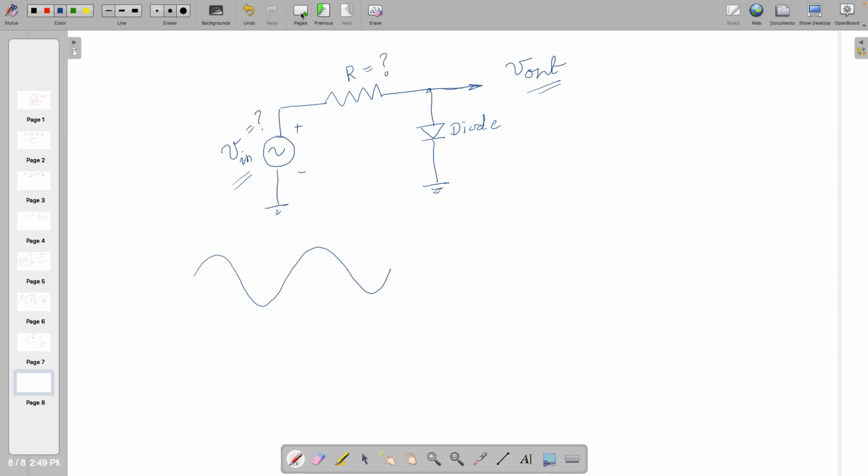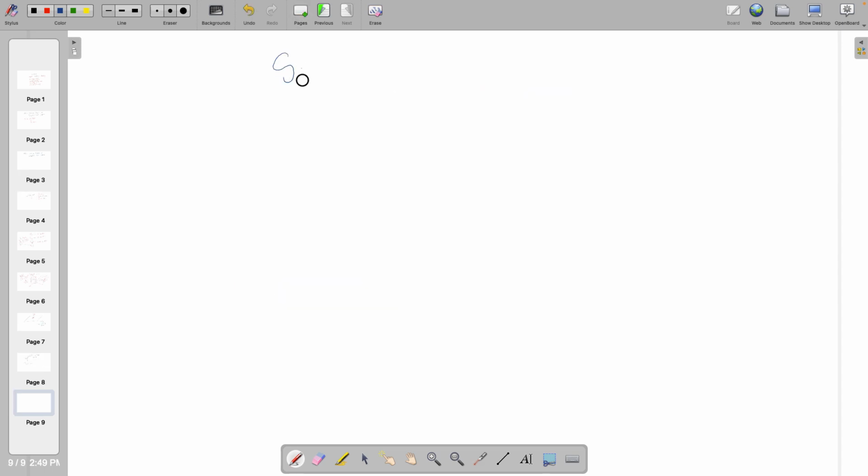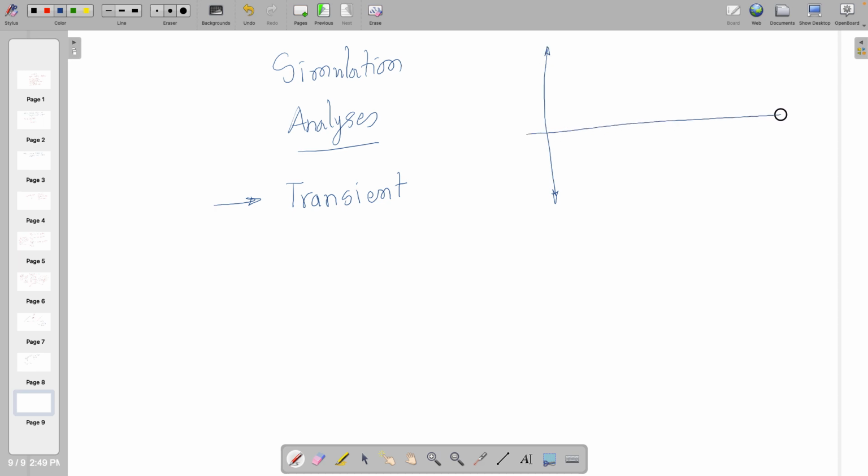But before going into that, there are various simulation analyses. One of the analyses is, let's say, transient analysis. When you are doing transient analysis, it means you want to plot something with respect to time.